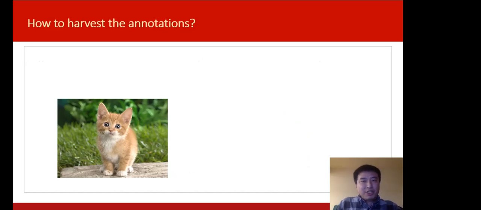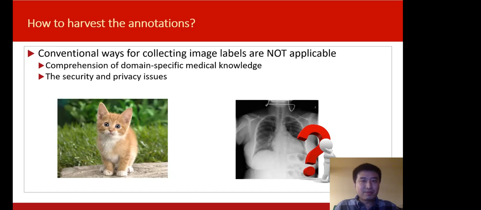For natural image annotation, we can use crowdsourcing. For example, given a picture on the left, we can put it online and ask what is in this picture. Then we know that there's a cat. But this crowdsourcing approach for collecting natural image labels is not applicable for medical images.